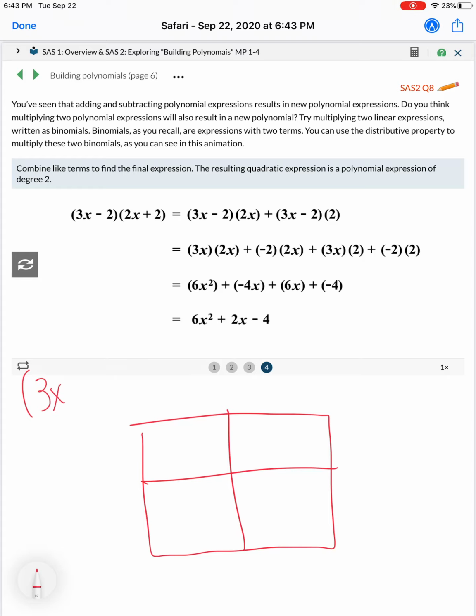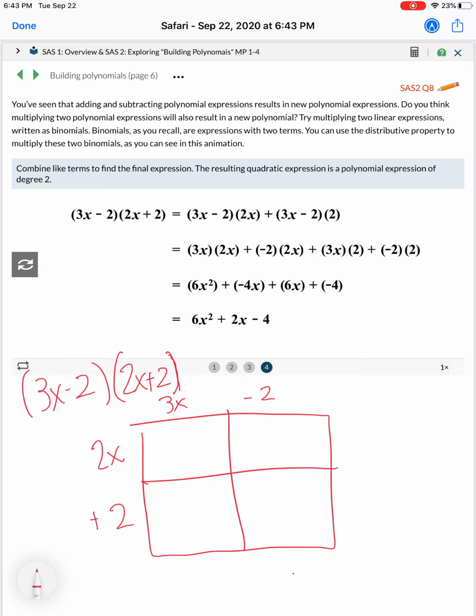So we got the box. We are multiplying 3x minus 2 and 2x plus 2. So on top, we are writing a 3x minus 2. On our side, we're saying 2x plus 2.